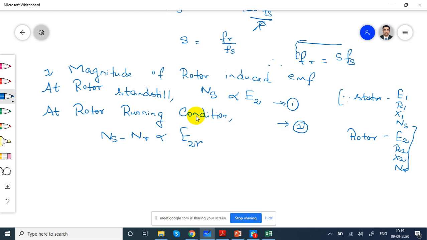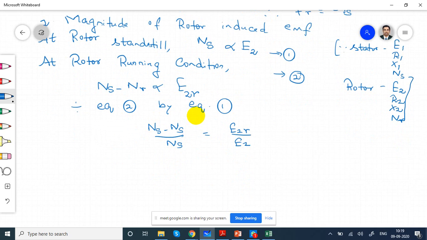Same, we divide equation number 2 by equation number 1. We get Ns minus Nr divided by Ns equal to E2R by E2.